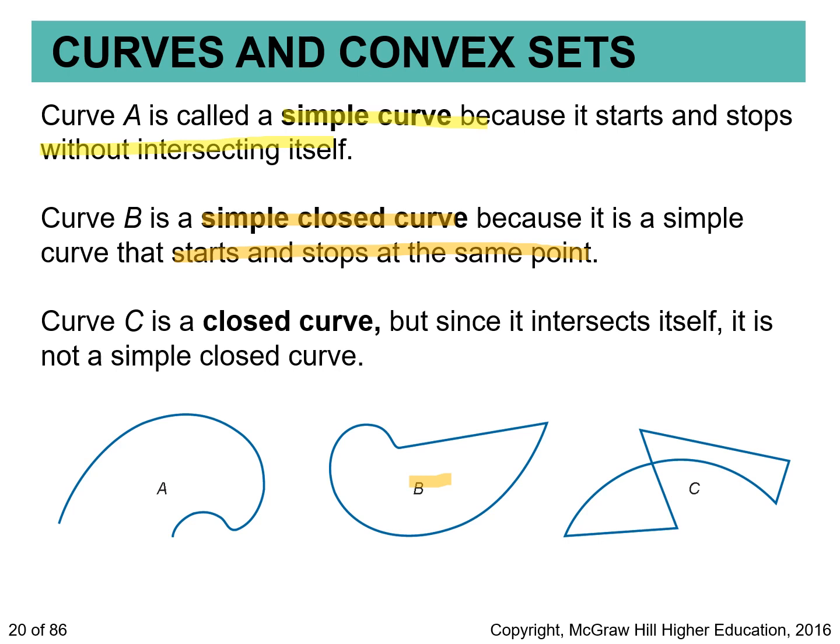A closed curve, but notice it's no longer simple because it intersects itself. That would be letter C. So even though B and C have straight lines, they're still referred to as curves.